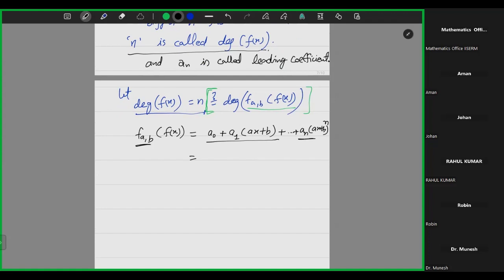If you expand this last term, what will happen?